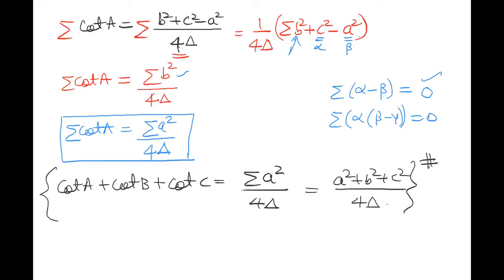You can see, B square means what? We are talking about a triangle. It means we are talking about 3 sides or 3 angles. So summation B square obviously means A square plus B square plus C square divided by 4 delta. So instead of writing B square, you can also write summation A square. If you are not liking A, then you can also write C, so summation C square divided by 4 delta. C square is also the same thing: C square plus B square plus A square.